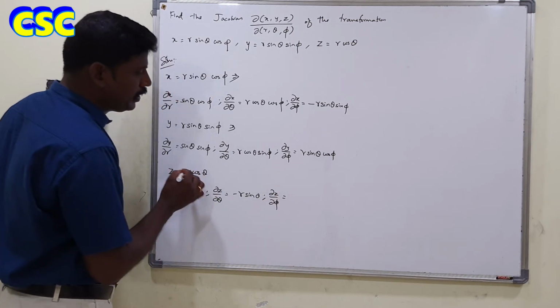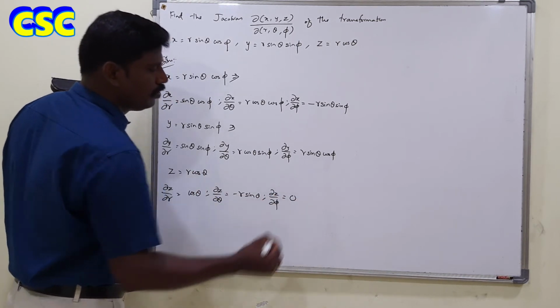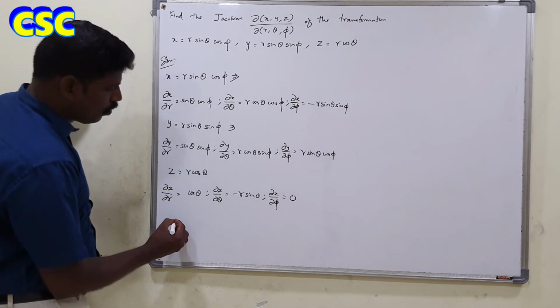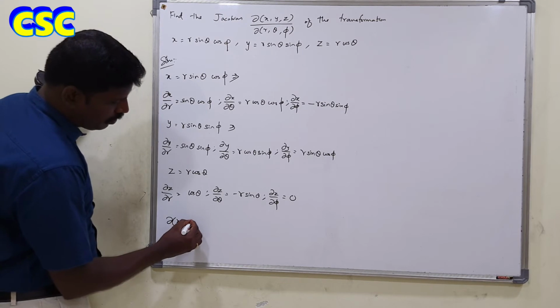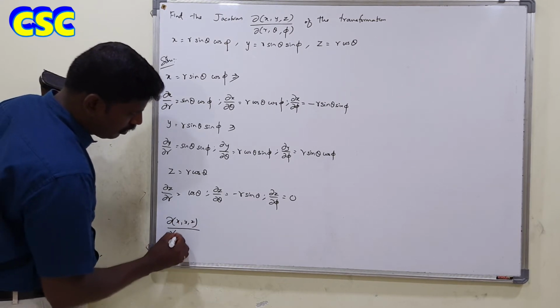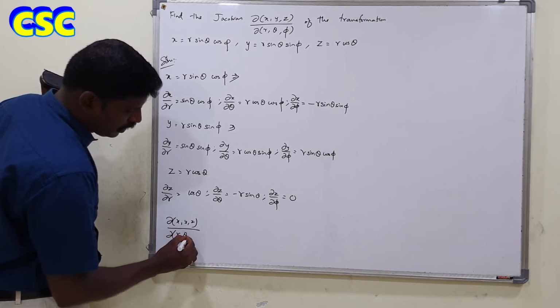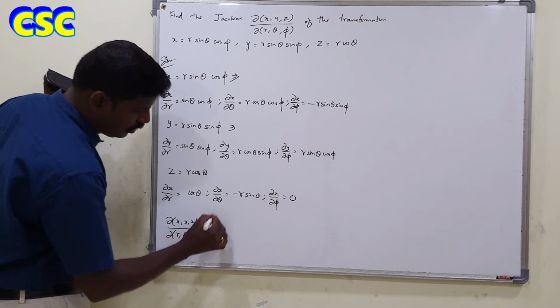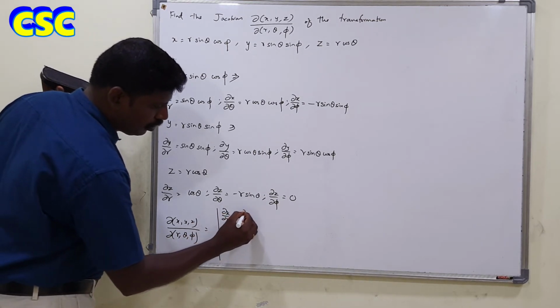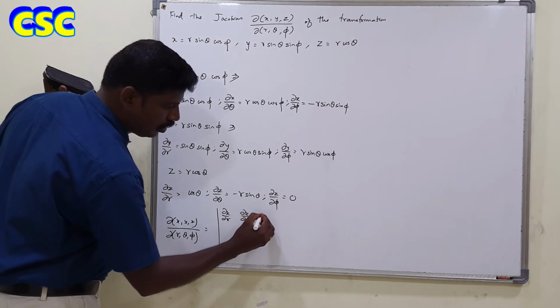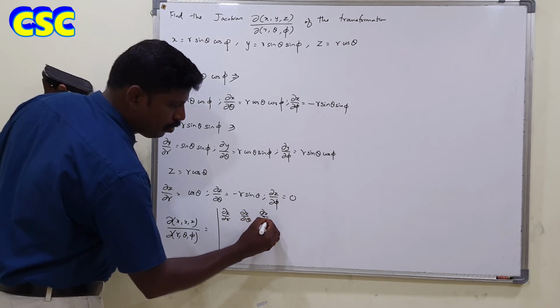There is no pi terms in the right hand side, so the value becomes 0. Right? So what is the value of Jacobian? What is the value of partial derivative of x, y, z with respect to r, theta, pi? So what is this value? Dou x by dou r, dou x by dou theta, dou x by dou pi.